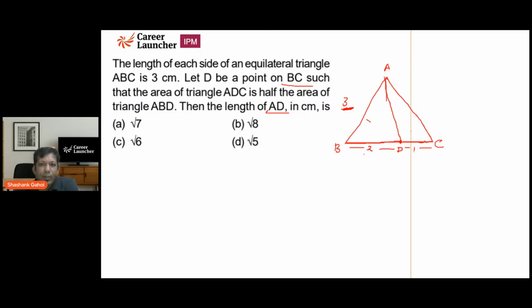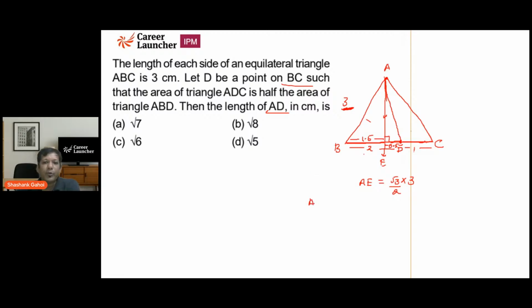When I draw the perpendicular, the total base is 3, so this base comes out to be 1.5 and the remaining part comes out to be 0.5. Let's name this point E. What is the height AE? The height is root 3 by 2 times the side, so 3 root 3 by 2. We know the height and the base, and now I need to calculate AD.